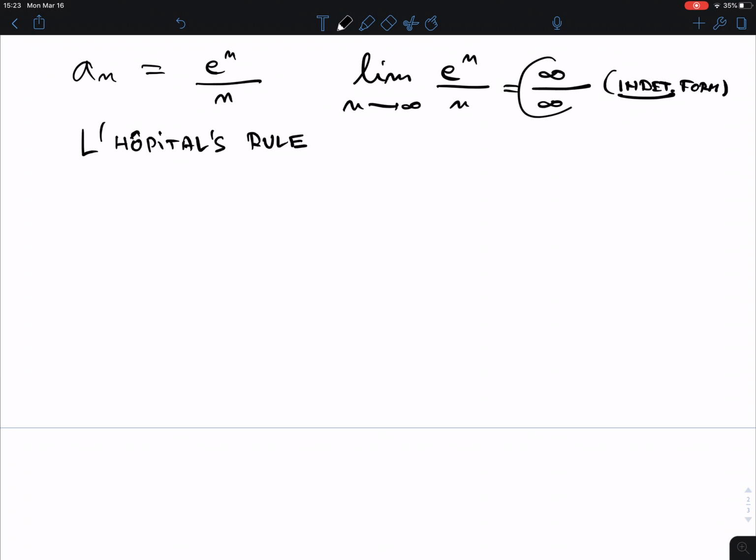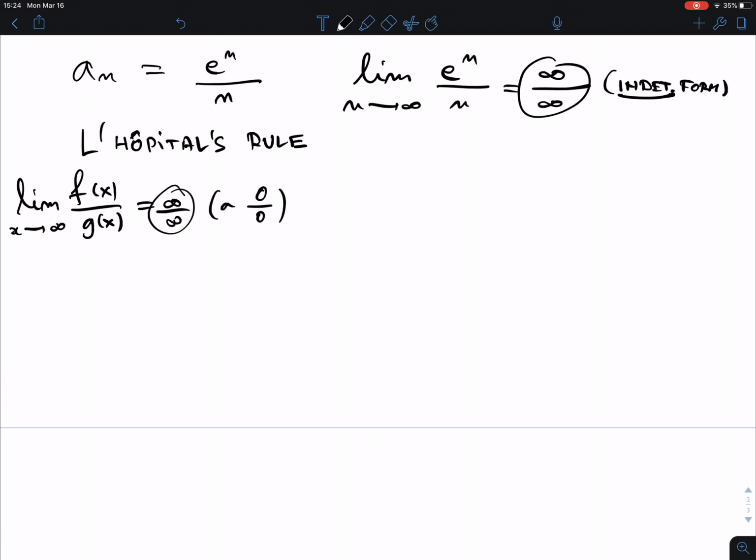And it is luckily a fraction, so L'Hopital's rule applies to it. Remember what it means is that if f of x divided by g of x is infinity over infinity, or 0 over 0, so this is if the limit for x going to infinity is either this or this, then we can also calculate this limit by using the derivatives of both of these functions.